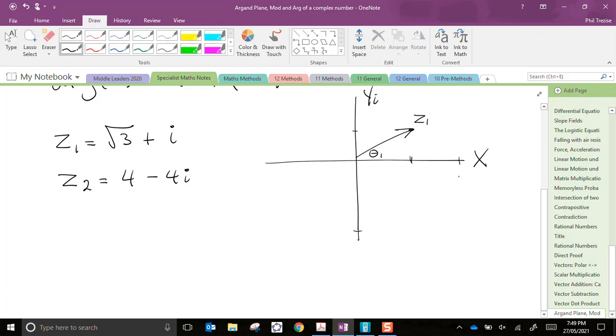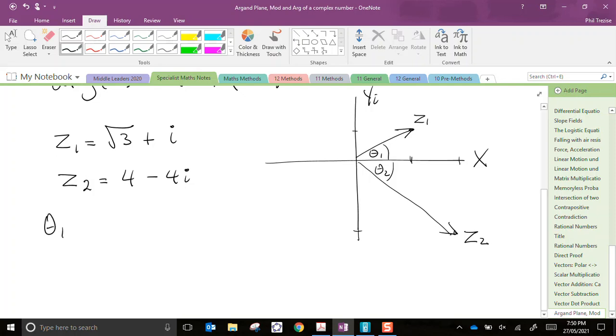Negative 4 is way down here. So there's my second complex number. Call that z2, and there would be an argument for that one, theta 2. So I think the way to find the angle between these vectors is to find the argument for each, and then we'll decide what we do after that.